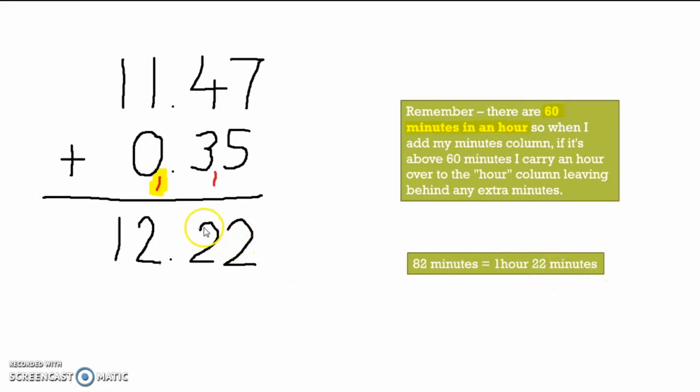So I leave my 22 minutes over here, but carry my hour forward. And then I go 1 plus 1 is 2, and then I just have 1 plus nothing there, so 1. So at 12:22, in other words 22 minutes past 12, I need to be taking that lasagna out of the oven.